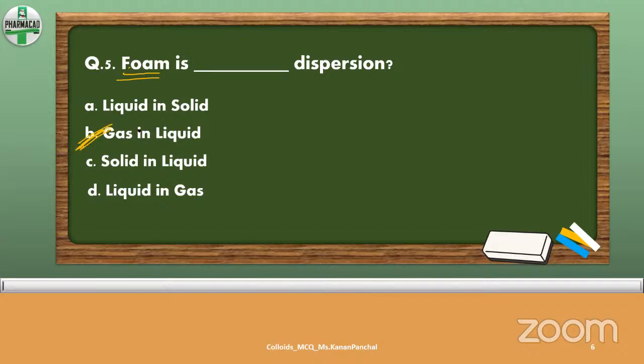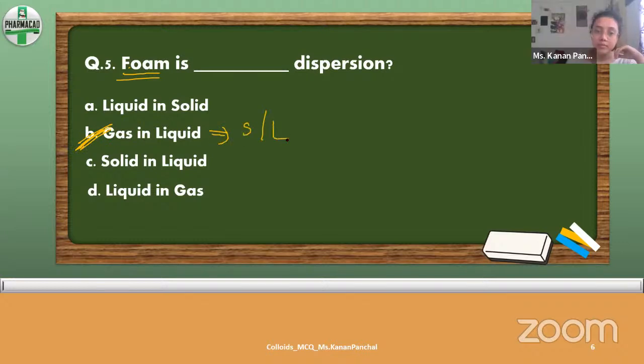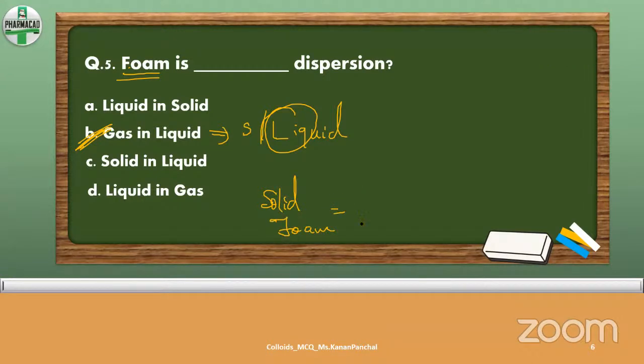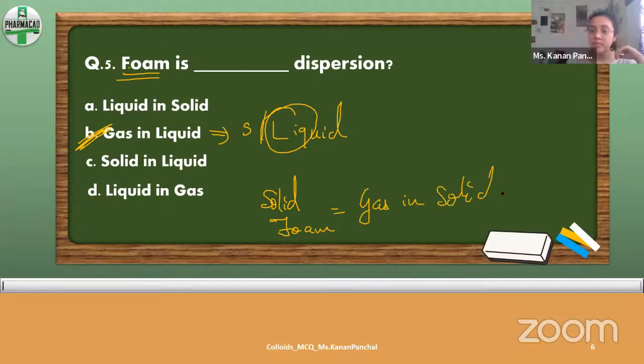Now this is a solid foam or a liquid foam? Liquid foam. Okay. This is a liquid foam. What is a solid form? Gas and solid. What is the example? Sponge.